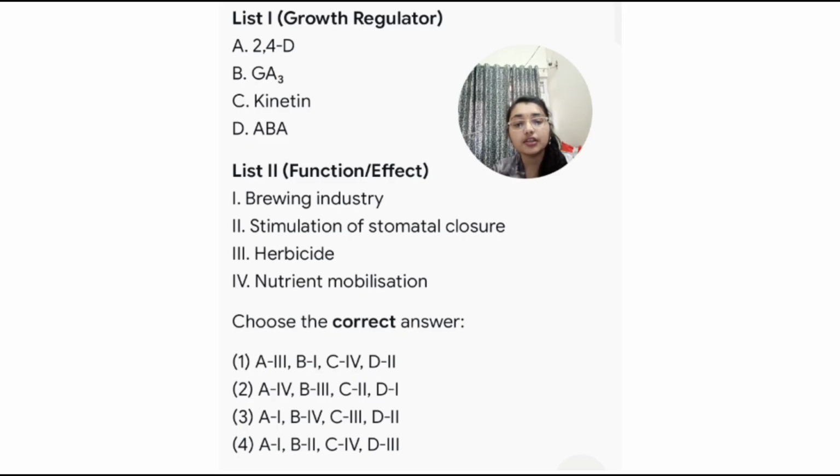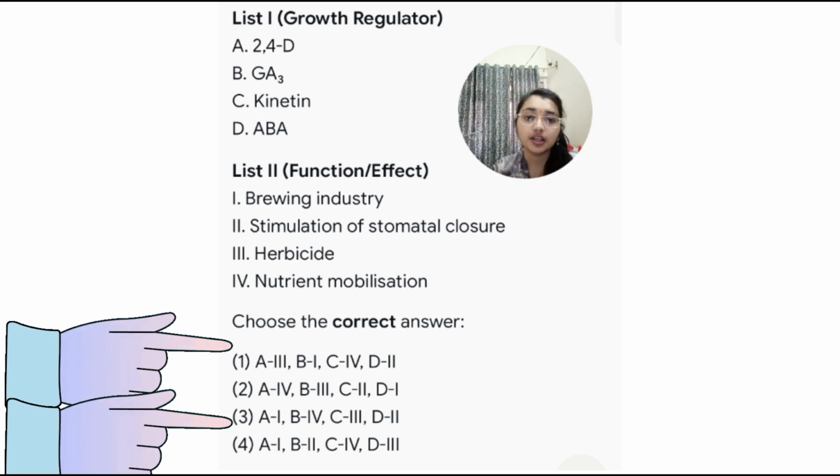We have to pair list 1 with list 2. ABA pairs with the stimulation of stomatal closure, so D matches with 2. Two options show D matching with 2, that is 1 and 3, so we can eliminate options 2 and 4.